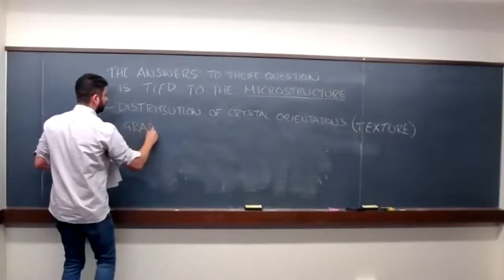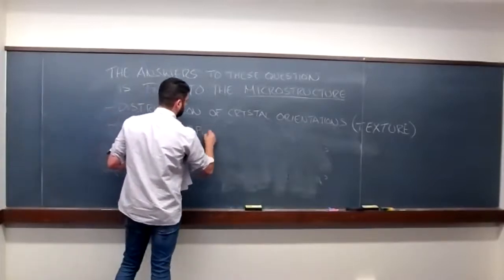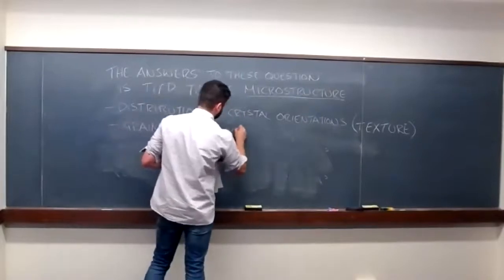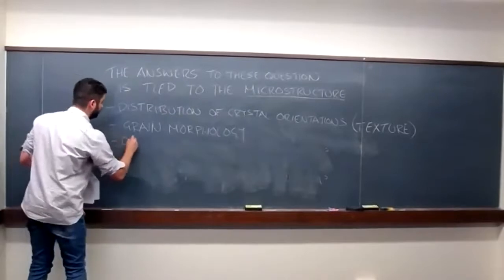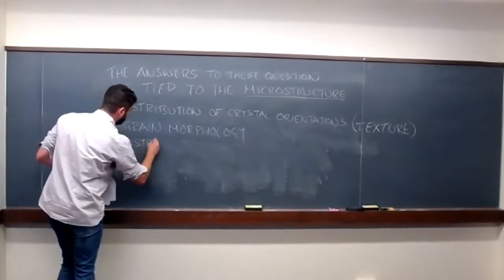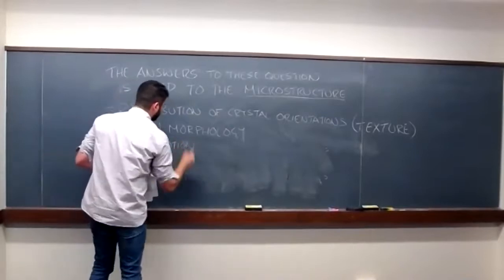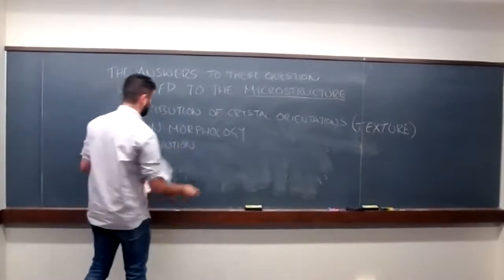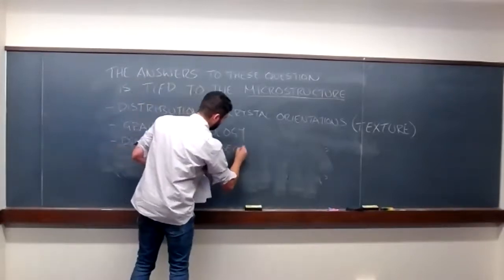Grain morphology, so the size and shape of the crystals that make up our material. The distribution of secondary phases. If you've got a material that might have two phases present, how those phases interact is very important, and just how they're arranged.